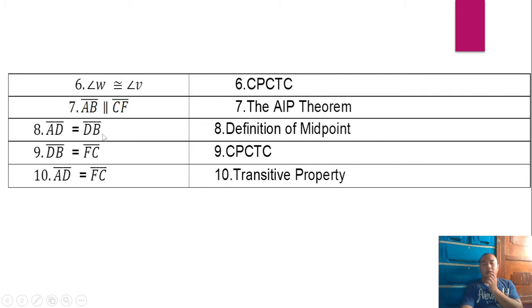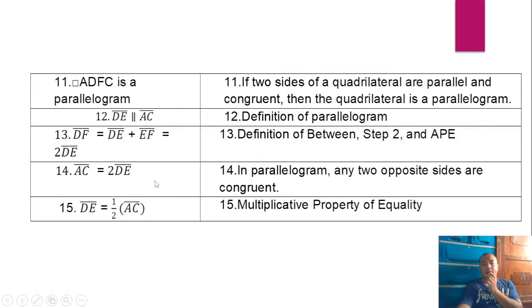AD is equal to DB, definition of midpoint. DB is equal to FC, corresponding parts of congruent triangles are congruent. AD is equal to FC, transitive property. Yes, because since AD is equal to DB and DB is equal to FC, therefore AD is equal to segment FC by transitive property.